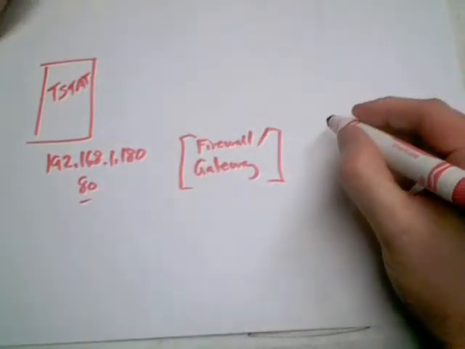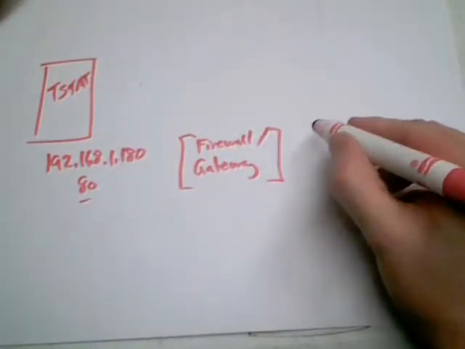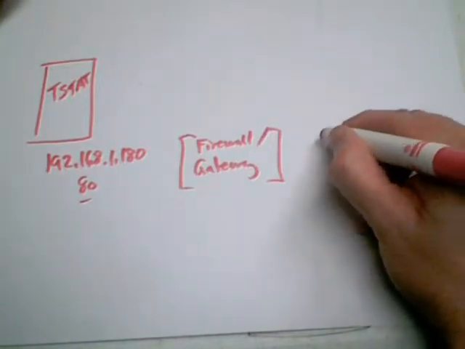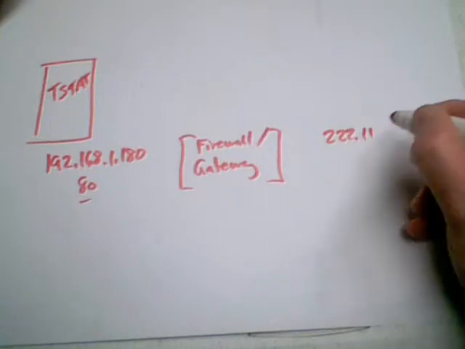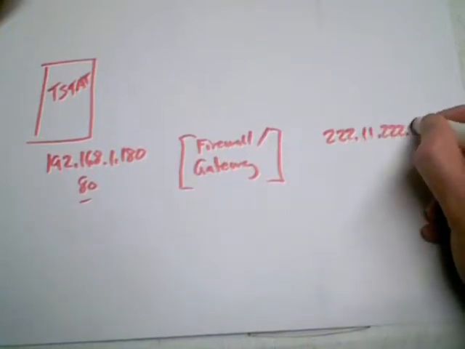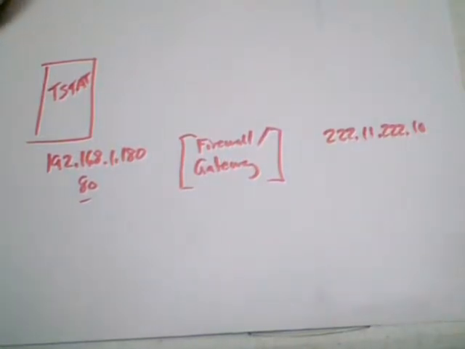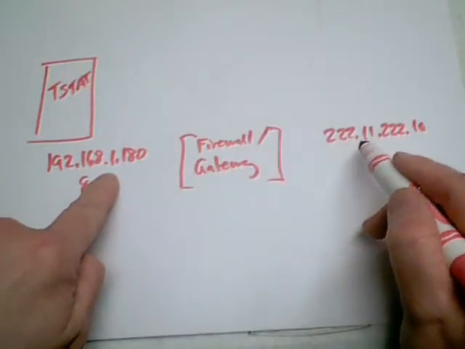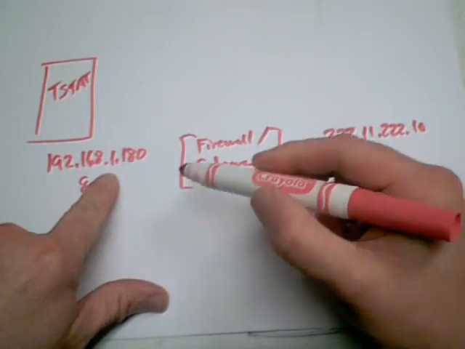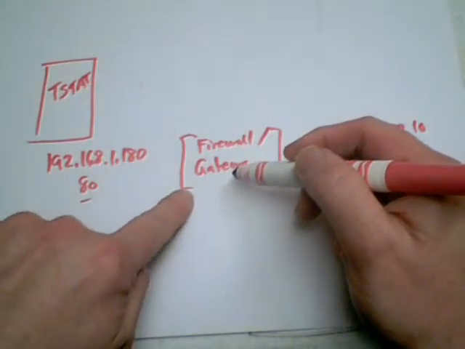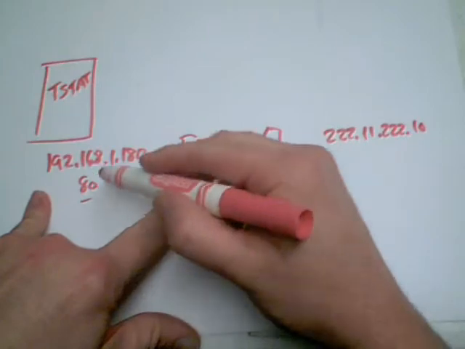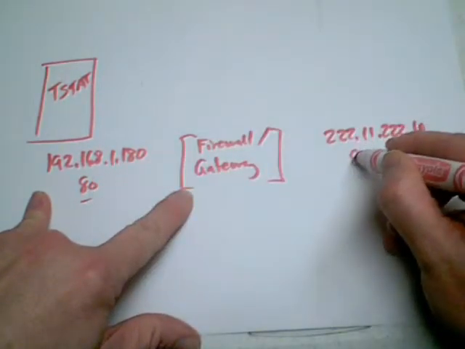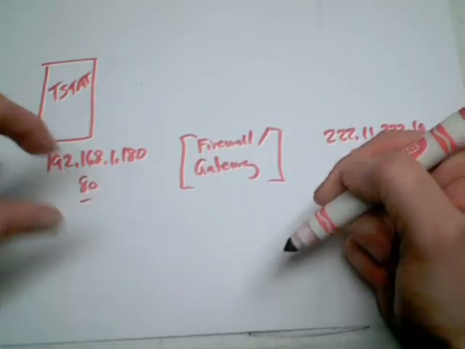And our outside IP address, let's just say it's 222.11.222.10 or something, because it changes all the time. And so we're going to map this to that through the gateway, and that's why the thermostat points to the gateway to do that, and then it's going to translate our port 80 to port 8090 is the way it works out.